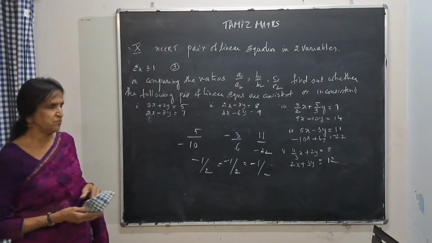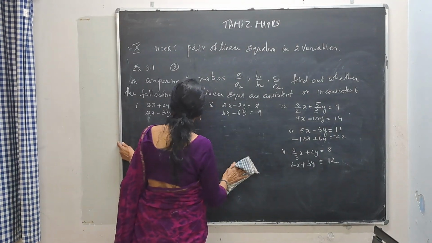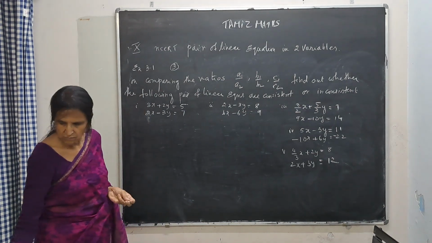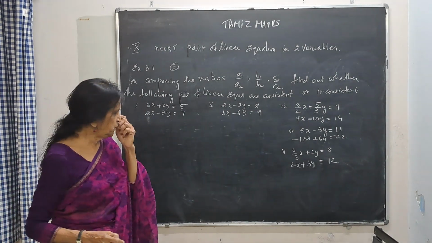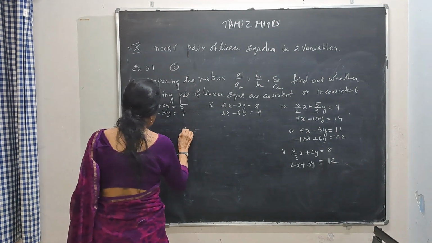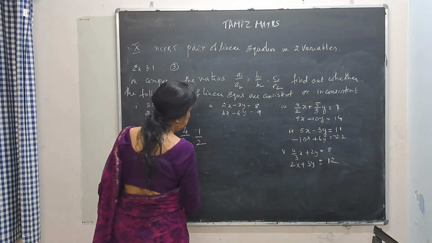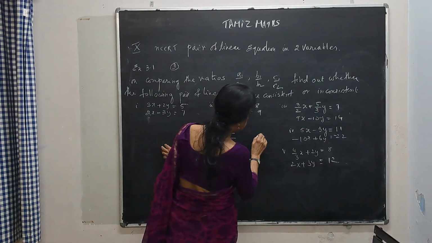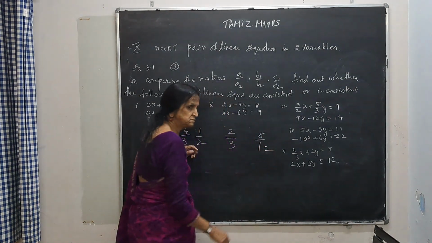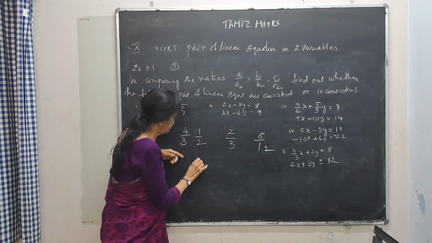Last question. Now look at the last question. A1 by A2, B1 by B2, C1 by C2. So what is this? 2 by 3.